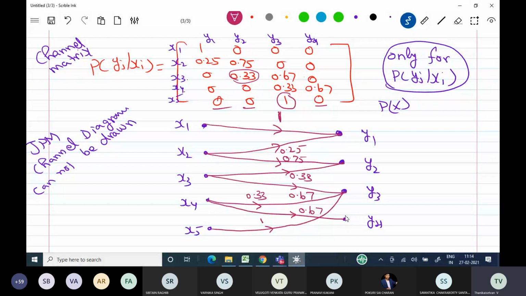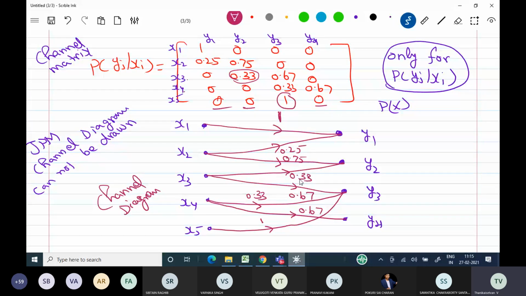You see this? All of you understood what I have done? This diagram is called the channel diagram. From this diagram, you can understand there are 5 input symbols, so 5 rows will be available in the matrix. There are 4 output symbols, 4 destination symbols, so 4 columns will be available in the channel matrix. This matrix we have arrived at from our problem only, whatever problem we have worked out today. From this matrix I am able to draw this diagram.